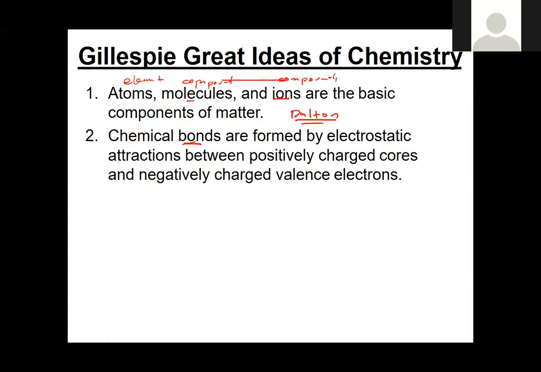So chemical bonds are formed by electrostatic attraction between positively charged cores and negatively charged valence electron. So the chemical bond is what holds atoms together in molecules and ionic compounds.